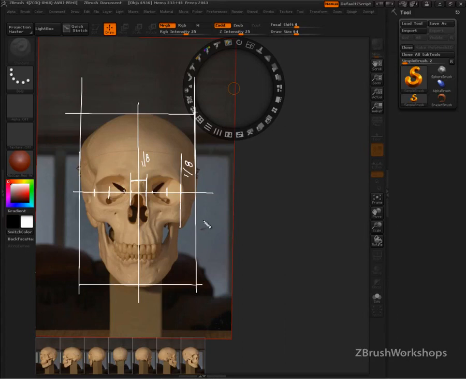Let's try to see if we can figure out an easy unit of measurement to get the height of this. And I'm just going to guess right off the bat and say 1/8 of a head is going to work for us. So you can see that's 1/8 of a head. Let's just draw that line straight across. So pretty cool.